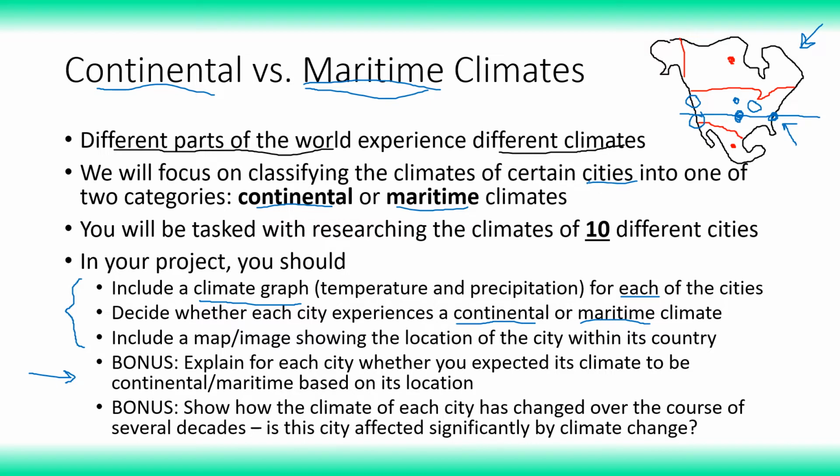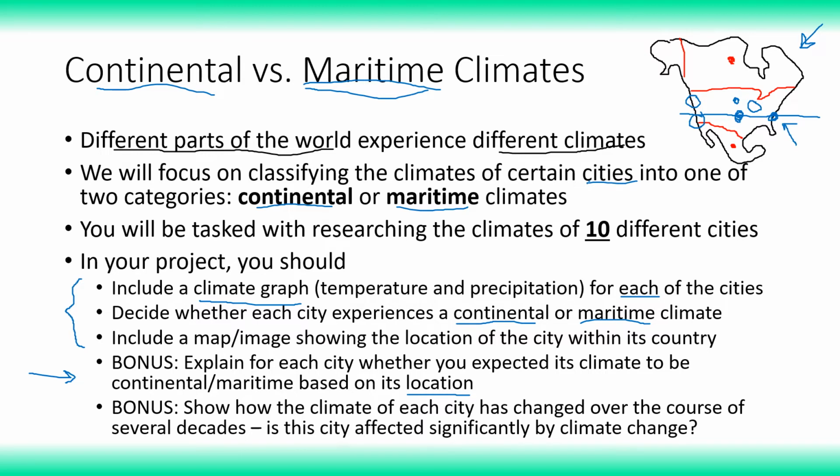If you explain based on the location whether you think a city has a continental or a maritime climate solely based on its location on the map, that's a bonus mark. So it's a really, really easy bonus mark to get, and there are 10 bonus marks available because it'll be 1 mark for each city. So you can have 10 bonus marks there.